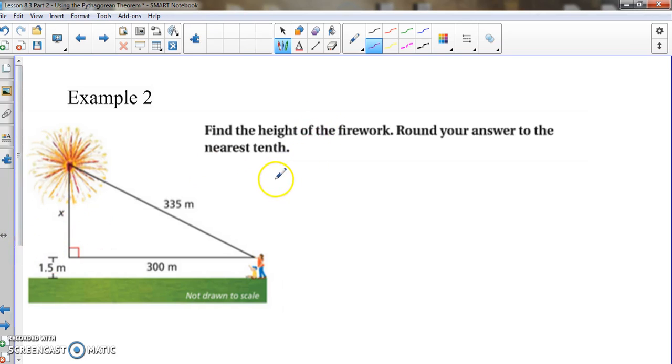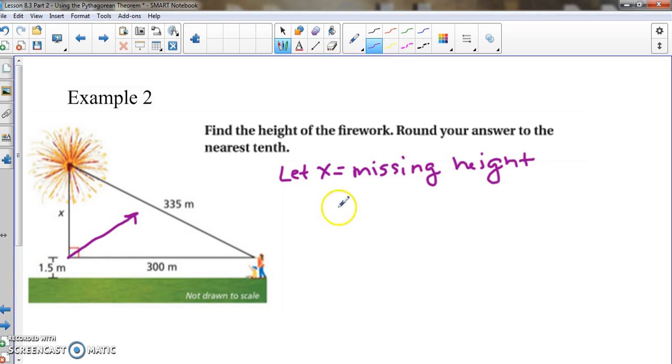So right now, let's write down that let x equal missing height. Because it's not the total height. It's just the picture that's given to us. So if I'm using Pythagorean Theorem, drawing that line to the hypotenuse, I see that 335 has to be by itself.